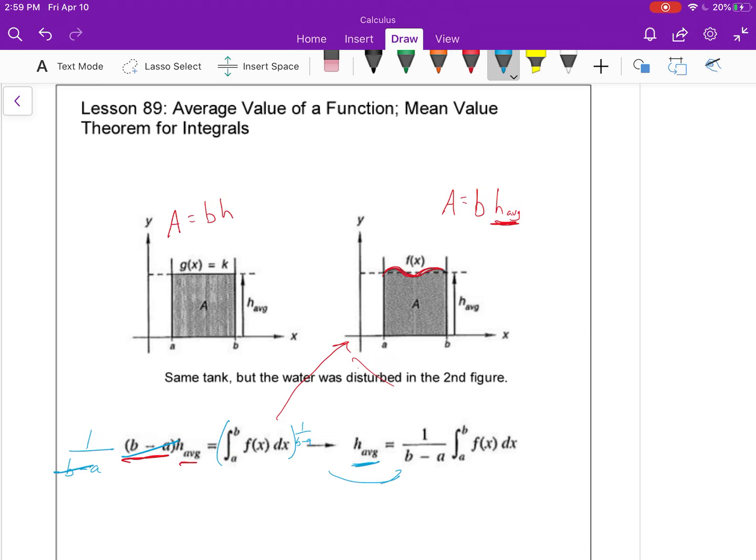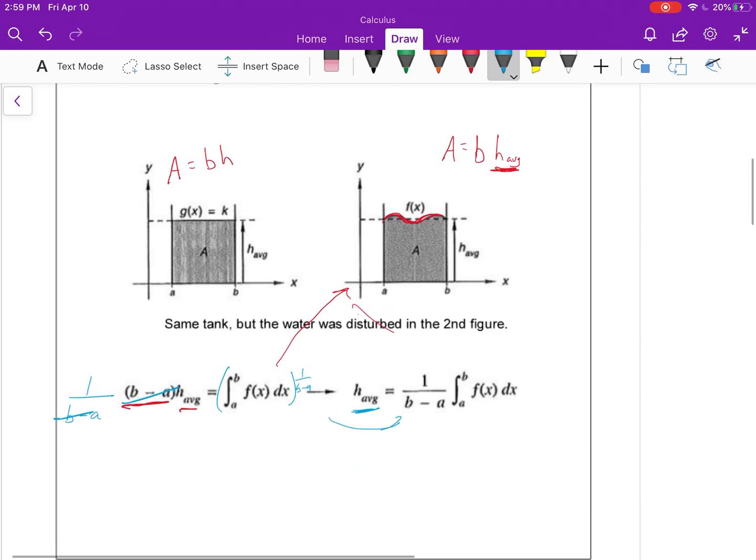So for a horizontal line, the height would be the same all the time. With any other function, the height is changing, but we can find the average height over a specified interval.